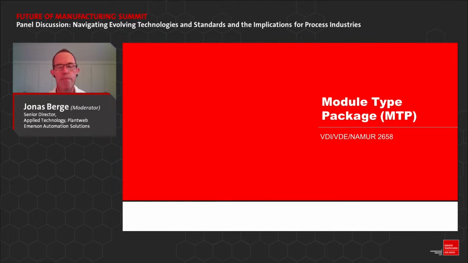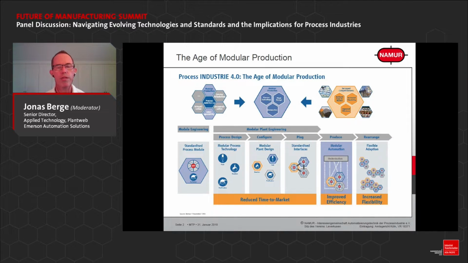Then Module Type Package, or MTP. Integrating package units until now has been very challenging because it involves mapping data through Modbus, which is error prone, and therefore we tend to map very little of the data. So the package units become almost blind.